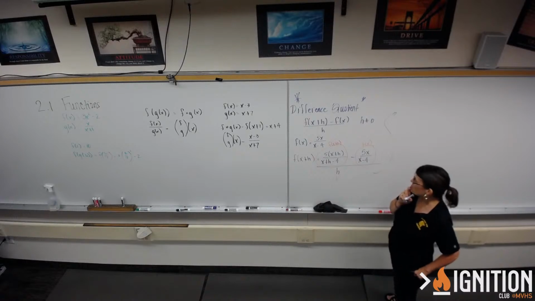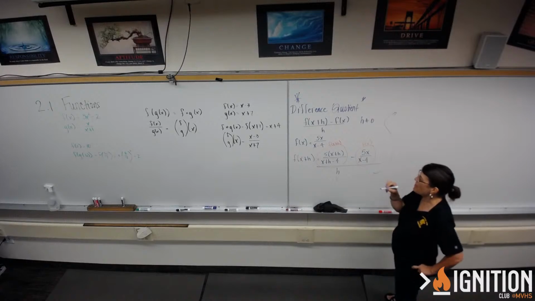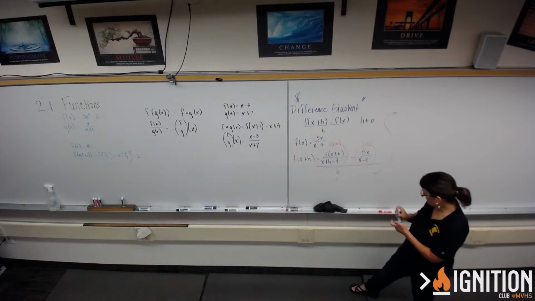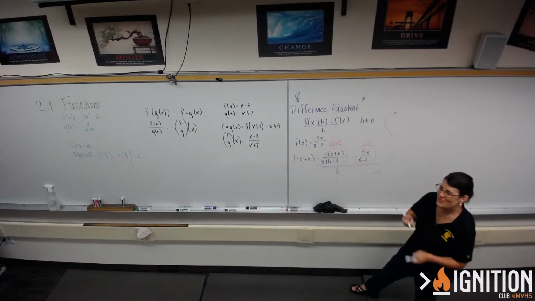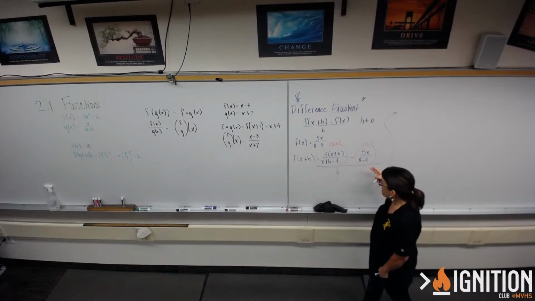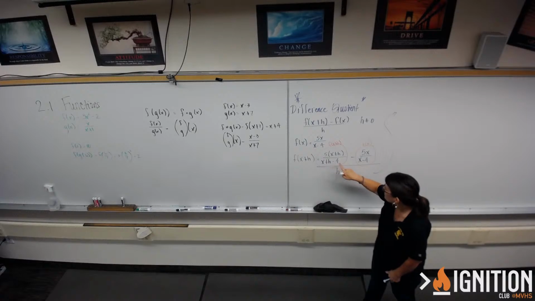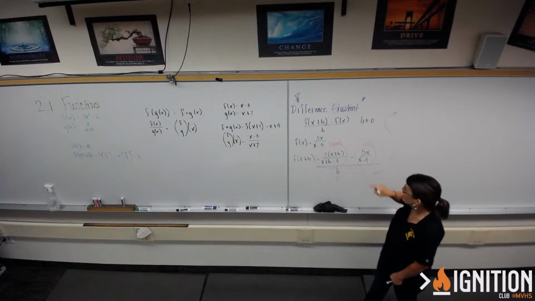I don't know if I'm going to distribute or not. I'm not going to distribute. Here we have a complex fraction. Remember Algebra 2 honors, how much you guys love your complex fractions. My complex fraction is x plus h minus 4 times x minus 4.